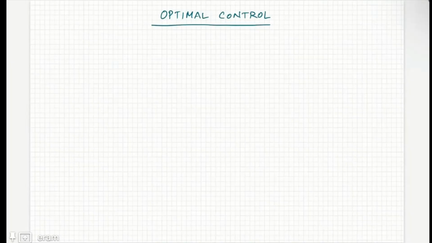But before that, we must understand how to define the optimum of a functional. A functional is nothing but a function of functions.